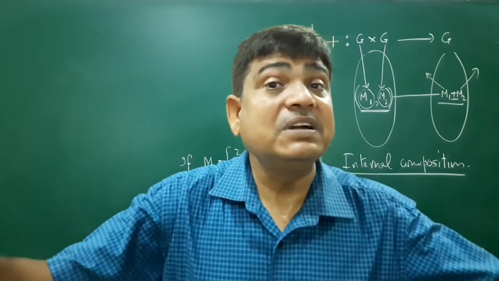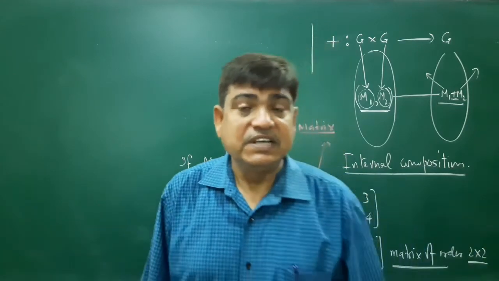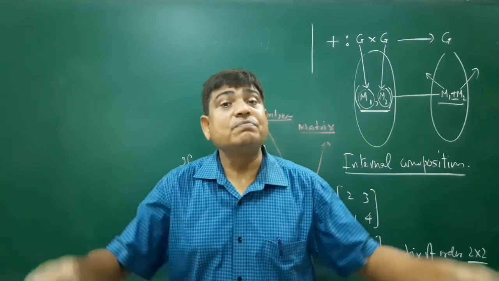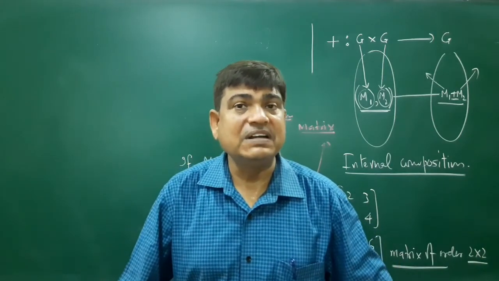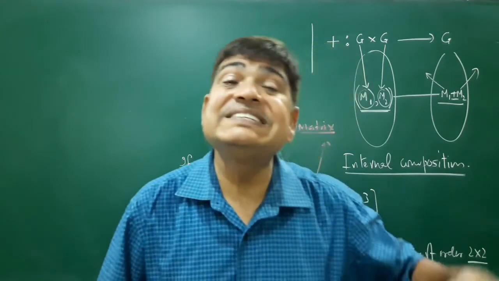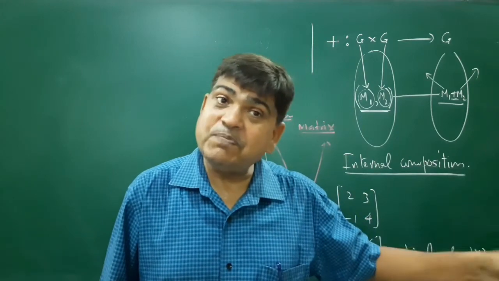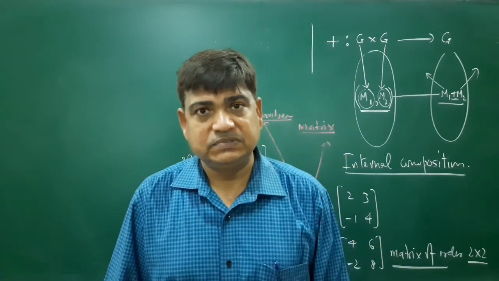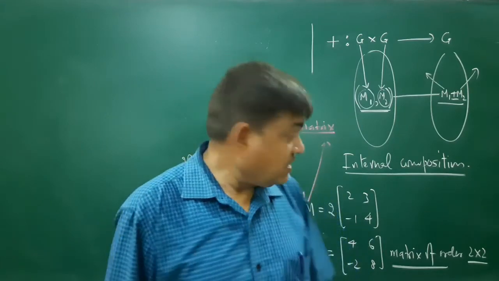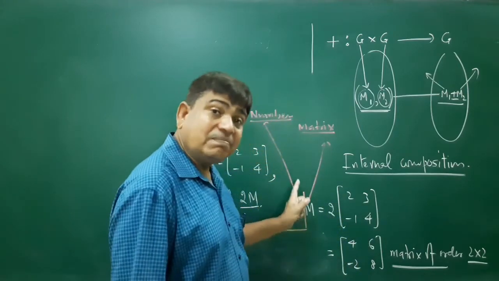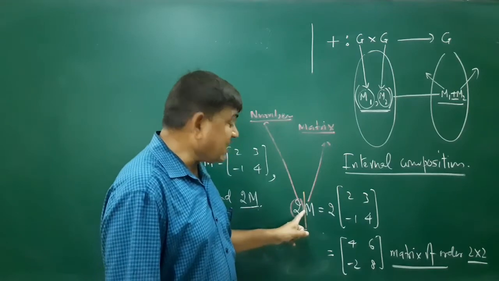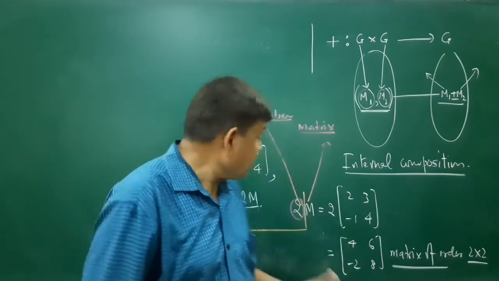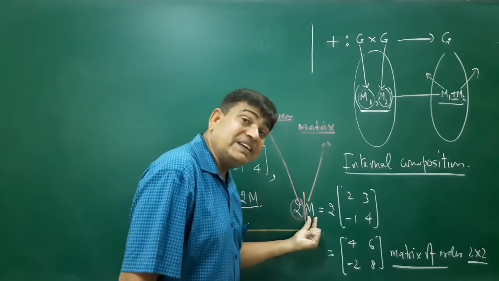It is not the multiplication of two numbers. It is not the multiplication of two matrices. This is the multiplication of a number, that means a scalar. It may be positive, negative, whatever, it may be zero also. So here this is not the ordinary multiplication. The sign is not kept here, but you have to remember this is the number and this is the matrix.